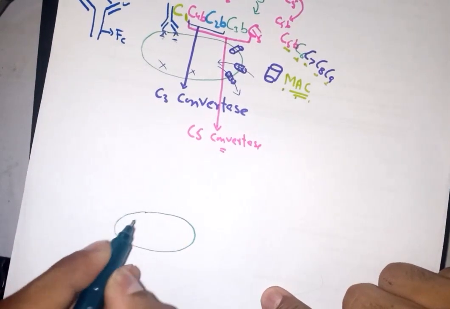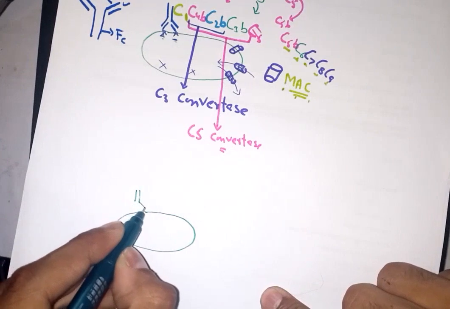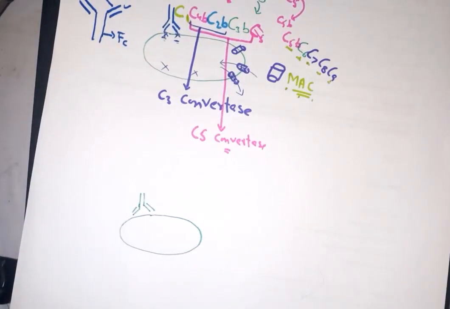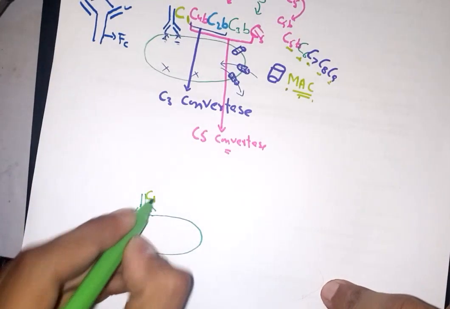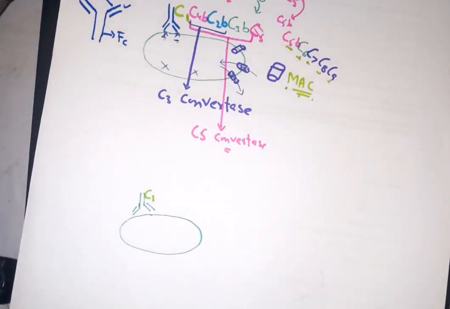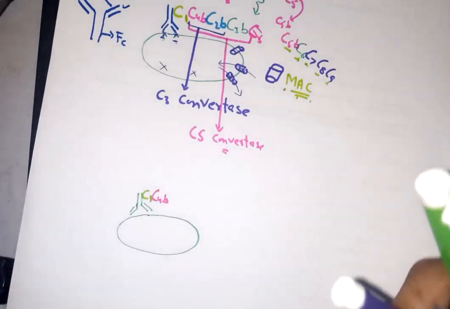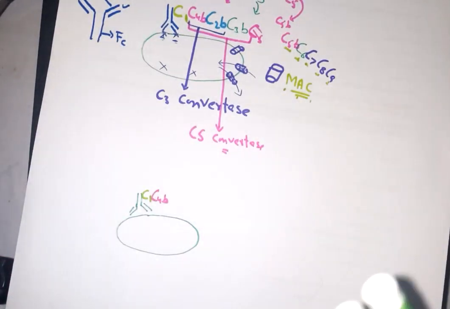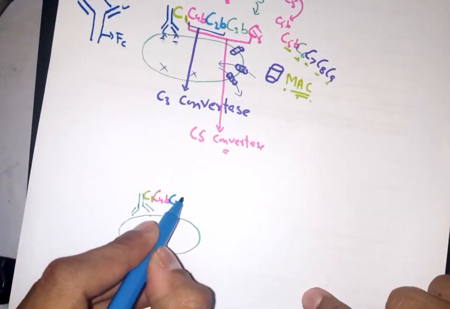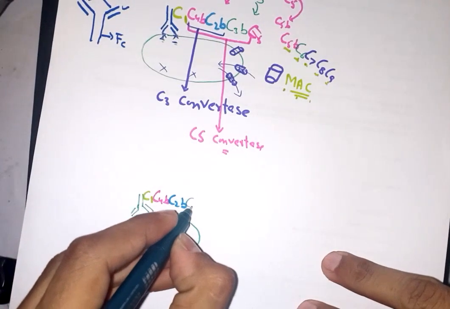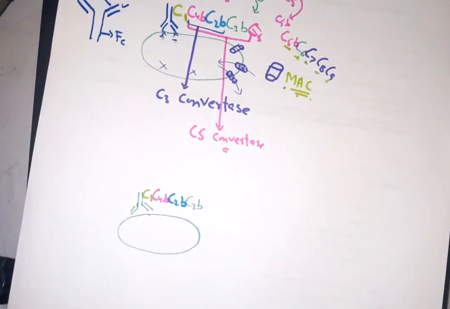For example, this was our bacteria, and here it was our antibody, and the first complement protein was C1, then it was C4b, then it was C2b, then it was C3b. This complex was formed with the Fc portion of the antibody.